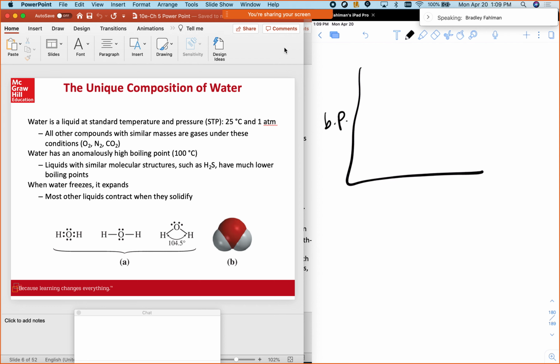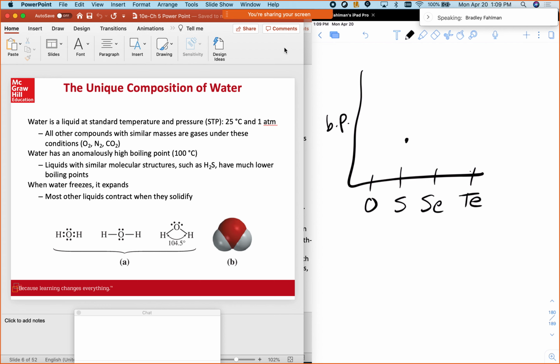But if we look at boiling points, and we've got oxygen, sulfur, selenium, and tellurium, we find that H2S is there, selenium is there, tellurium is kind of there. It's not really linear.